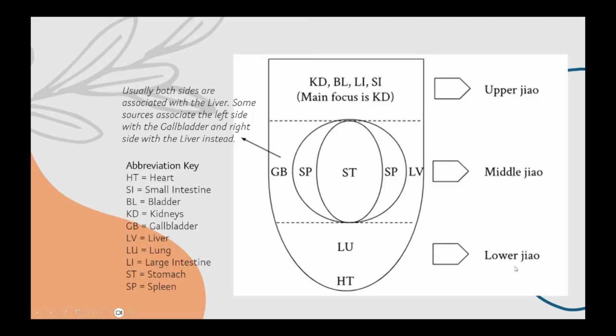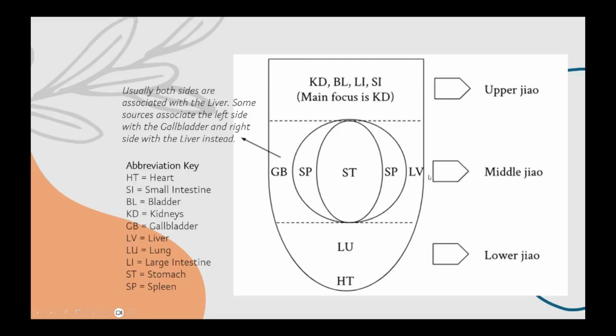So this is reversed, sorry about that. This is incorrect. This should say upper jiao, the lung and the heart, and over on the side, it's the abbreviation key for each of these organs. So the upper jiao is associated with the lung and the heart.